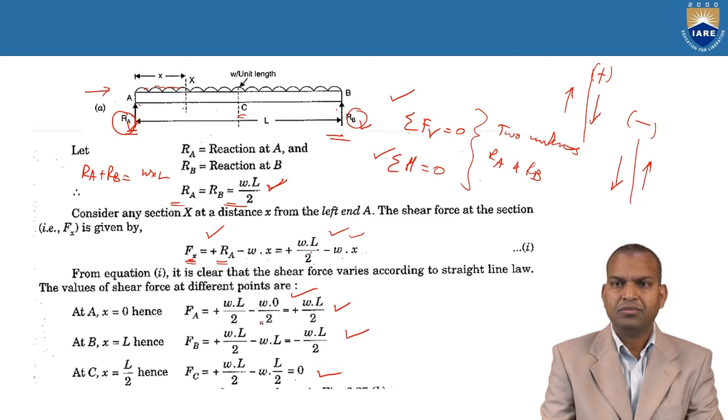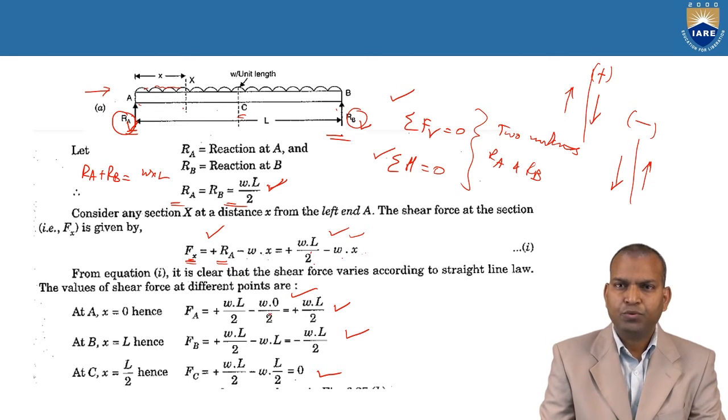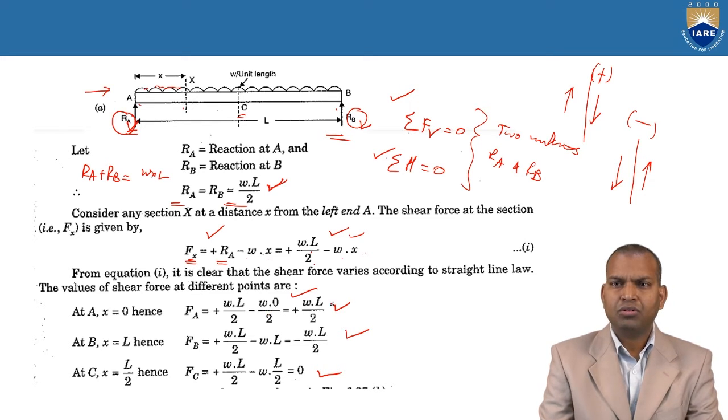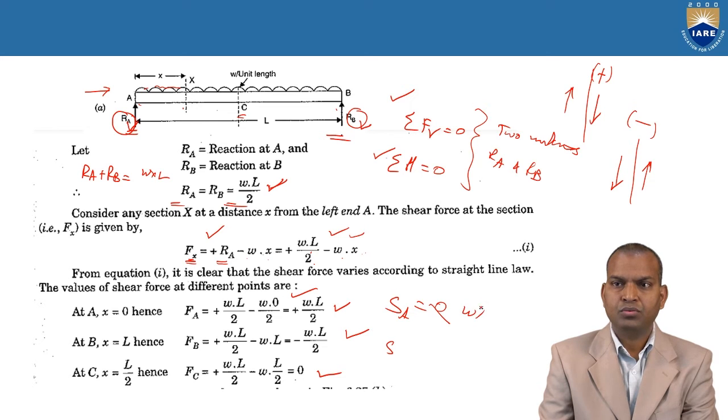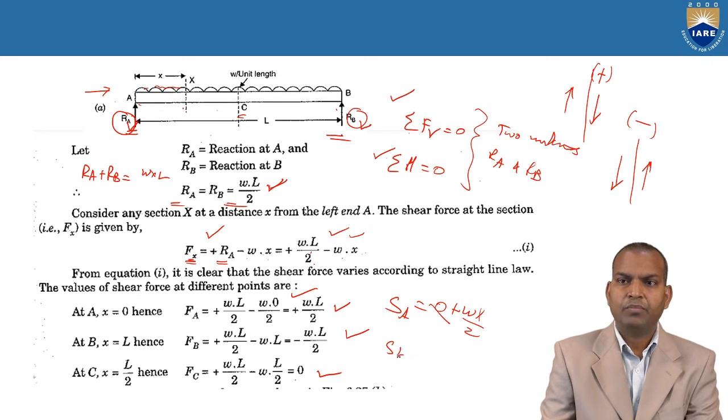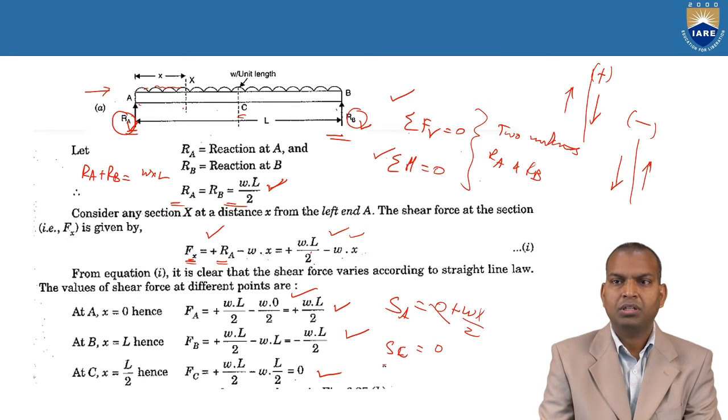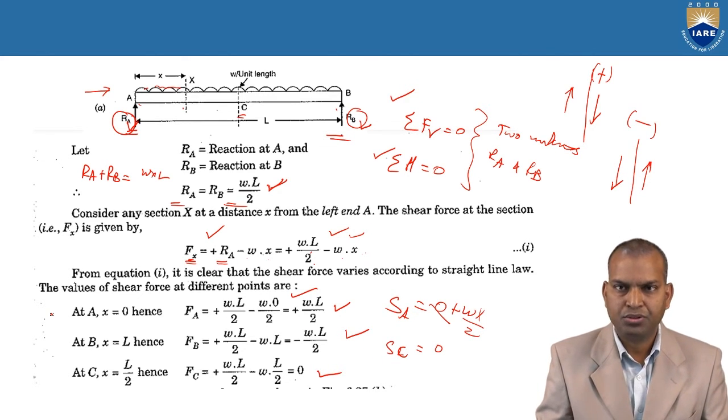We can observe the shear force values at different distances: at x equals 0, point A, positive wL by 2; at x equals L by 2, point C, 0; at x equals L, negative wL by 2.